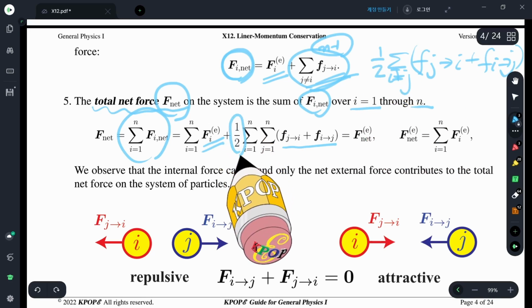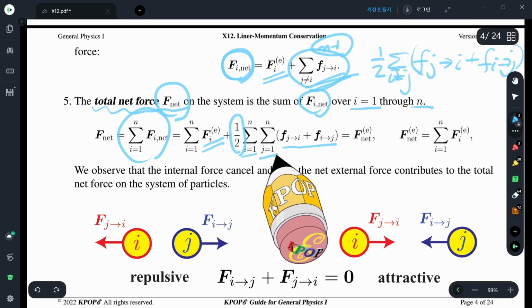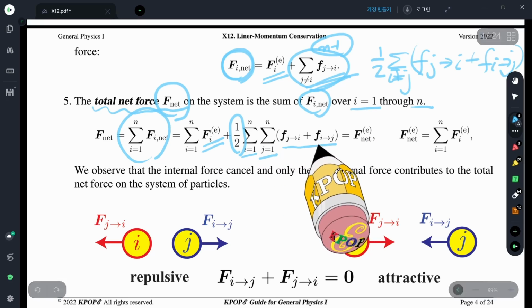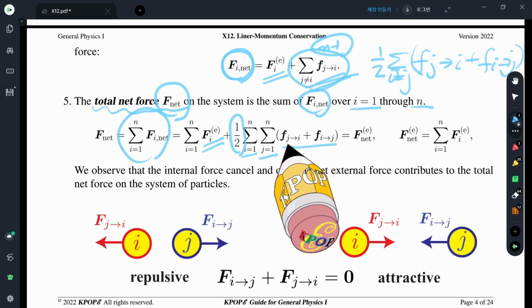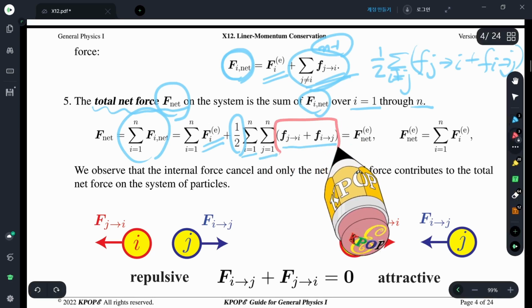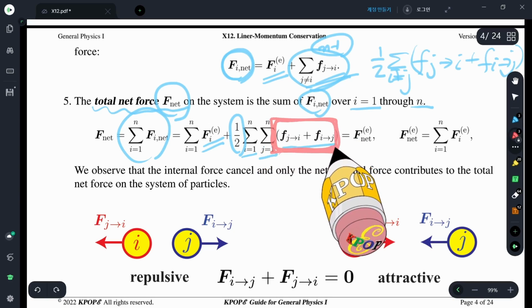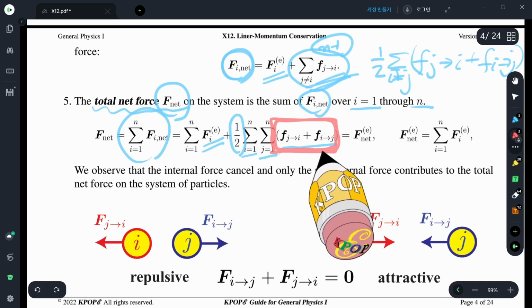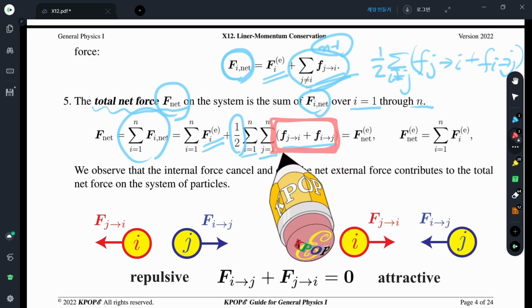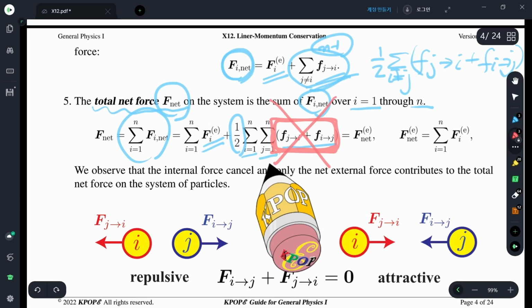So we have 1/2 and a sum over both i and j, for i applies to j and j applies to i. However, Newton's third law states that any pair of forces for the two particles interacting with each other is vanishing, absolutely zero.